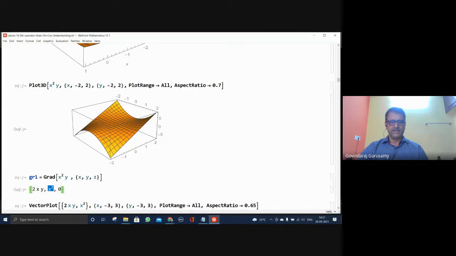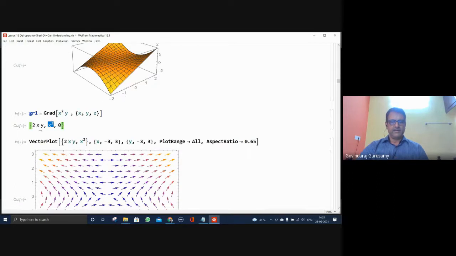You can see here this is the maximum, and that continues along this direction. A similar thing happens the other way also. You have this, and that also continues on this. So now I have the gradient of x square y as 2xy and x square.